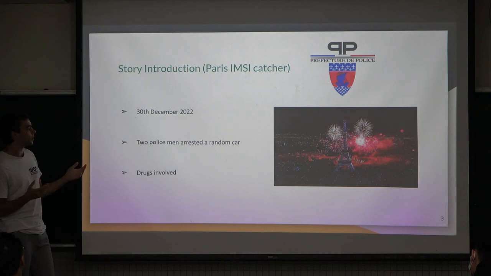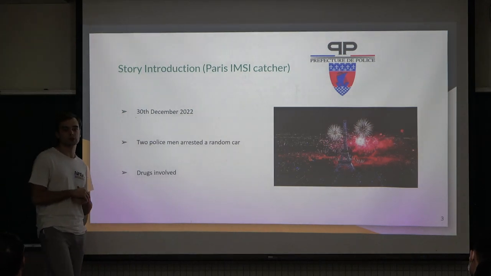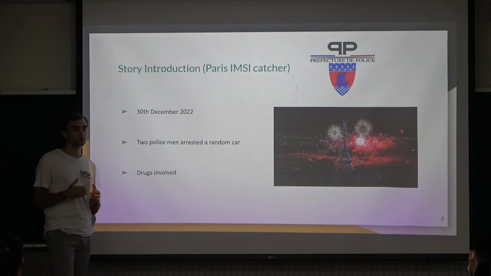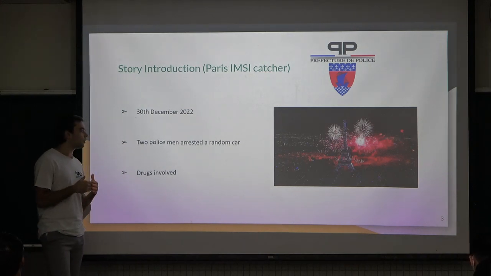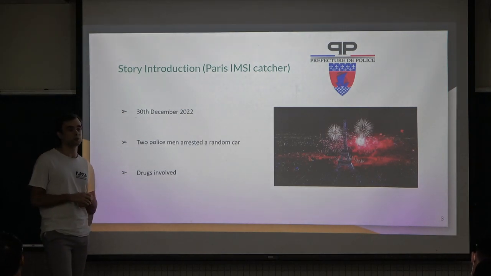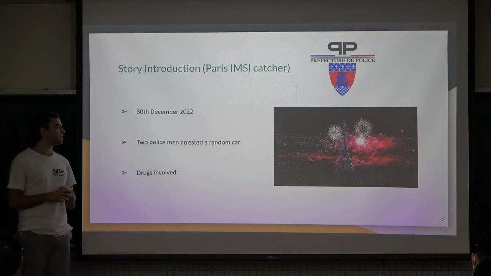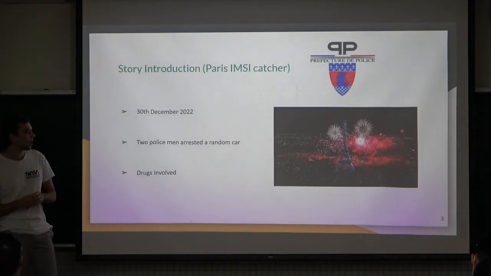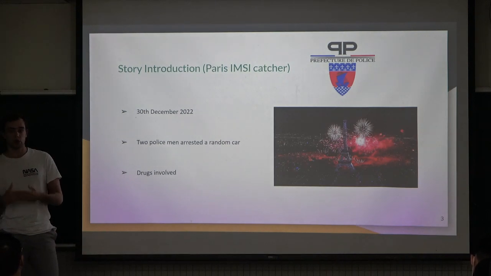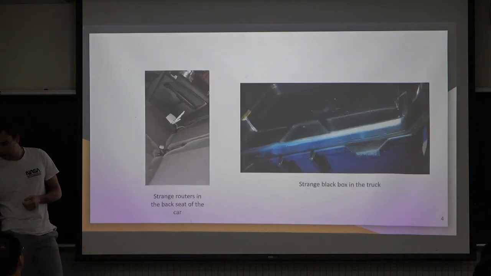As usual, the police officers stop the car, and they discover a 20-year-old woman who has consumed drugs. It is something that is common for them. As there are drugs involved, they need to do a check of the car. It's a common procedure. And this is what they found.